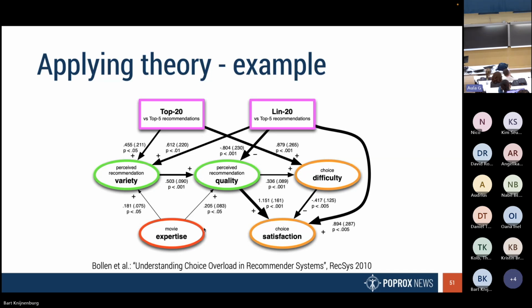And so that goes back to the results that I showed earlier of the diversified top 5 actually having a higher choice satisfaction. So by virtue of doing this analysis, we were able to generate hypotheses for new studies. Yeah, it's a very good question.